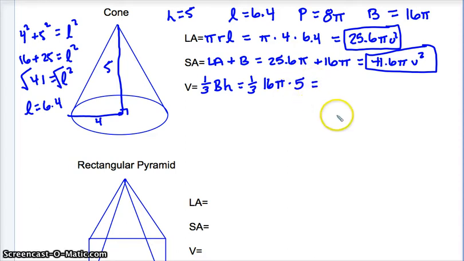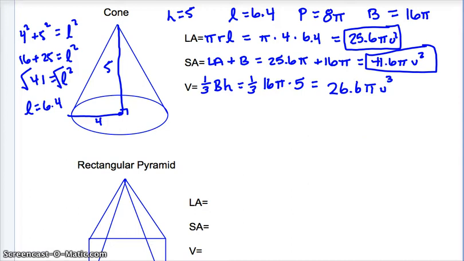Now, let's leave our answer in terms of pi, and we will do 1/3 times 16 times 5, and we get 26.6 pi. And since we're talking about volume, this will be units cubed.